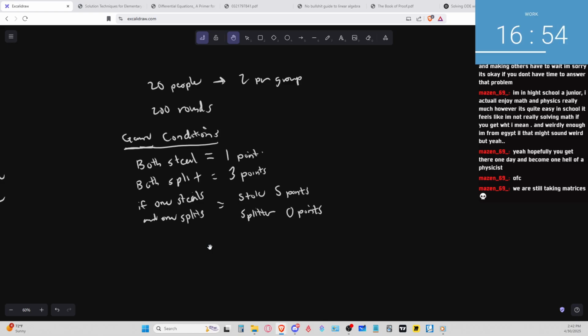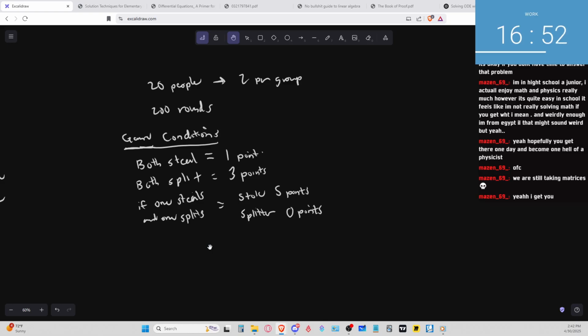Let's see. So it's 20 people, 2 per group. And you have to play 200 rounds. When you think about it, that's actually pretty interesting.